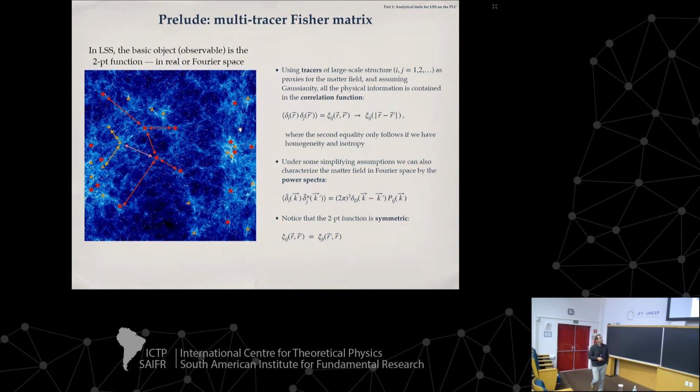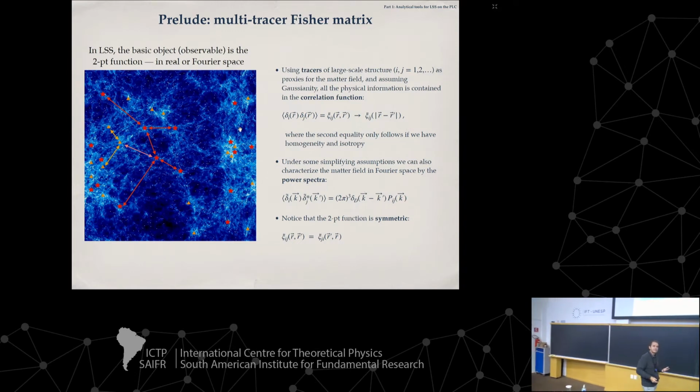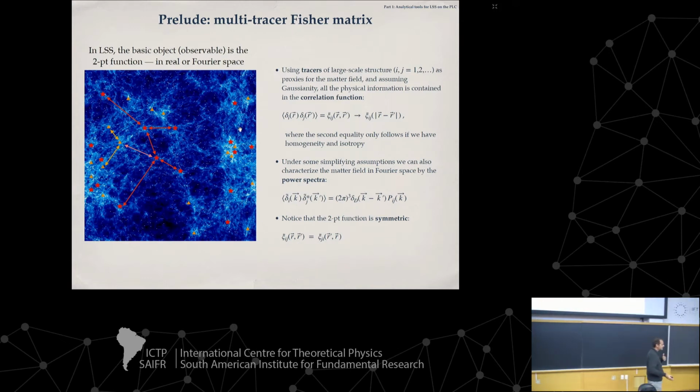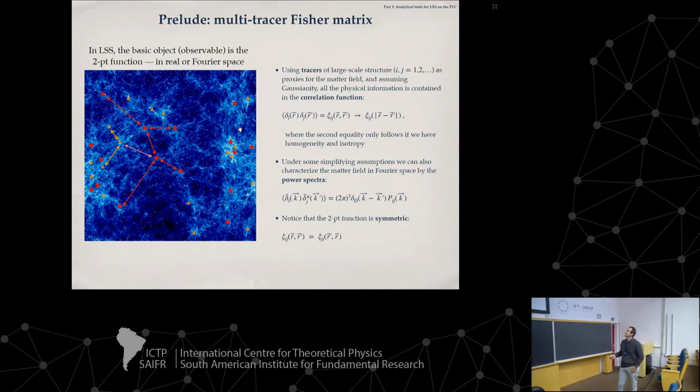So just to set up the problem, again, what we need are these two-point functions, which are either the correlation function in configuration space or the power spectrum in Fourier space. Of course, we can have all kinds of different tracers of large-scale structure, and more people are looking at mapping all kinds of different galaxies, halos, AGNs, groups, clusters, whatever you can find out there.